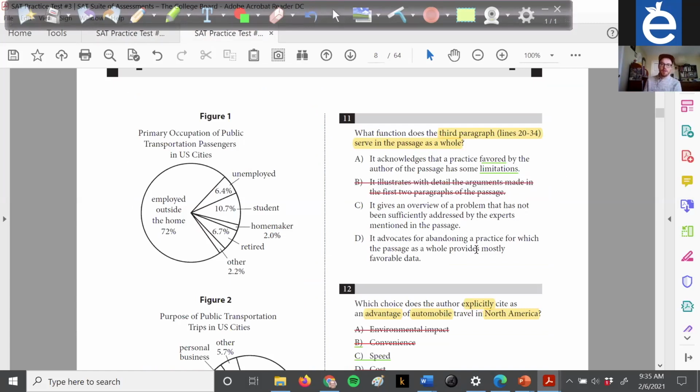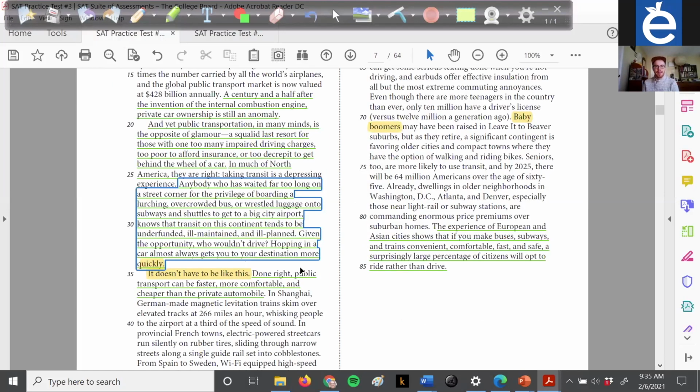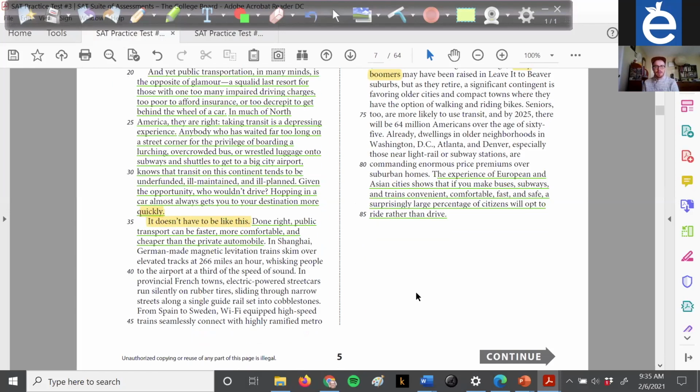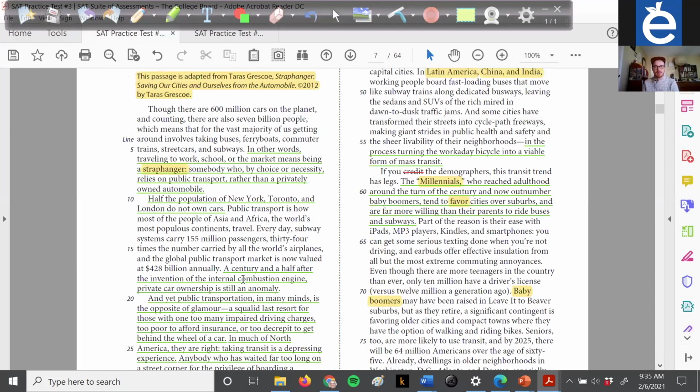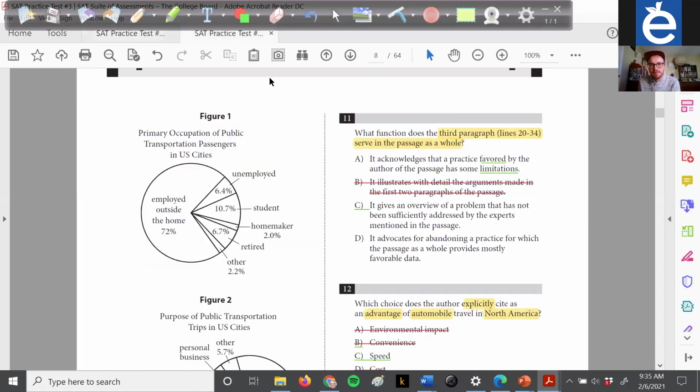C, it gives an overview of a problem that has not been sufficiently addressed by the experts mentioned in the passage. That I might flag. And again, this is why this is trickier, because we don't really know what the experts in the passage want.